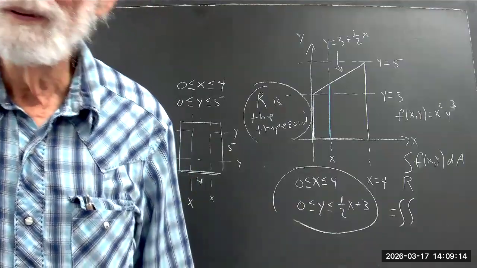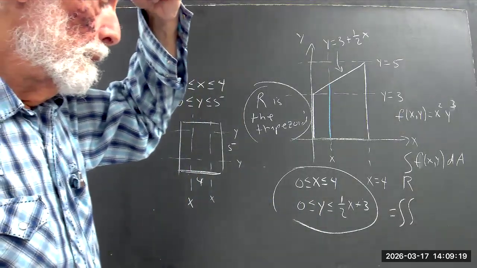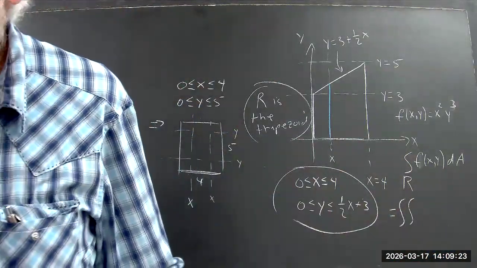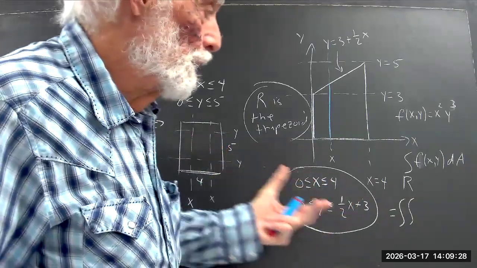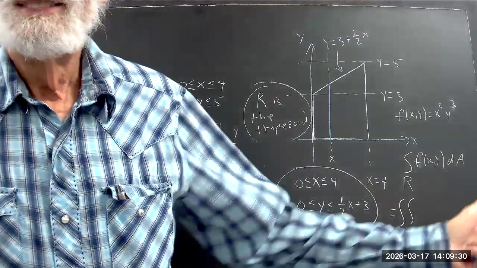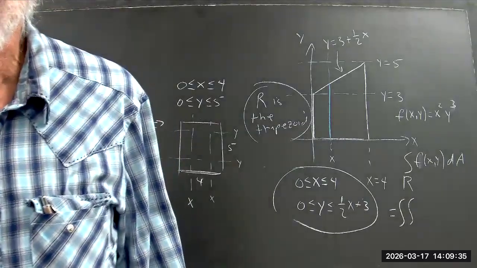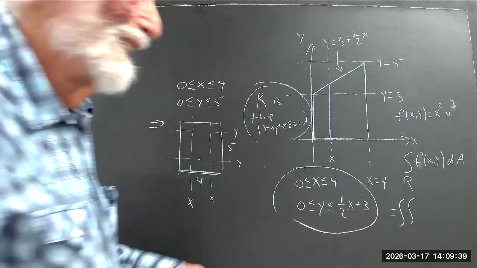If it's a 3,000-dimensional region in data space, then we're going to have to do a nested set of 3,000 integrals. Okay? Better have good software. Okay. So we have this double integral of f of x, y, which is just x squared y cubed.